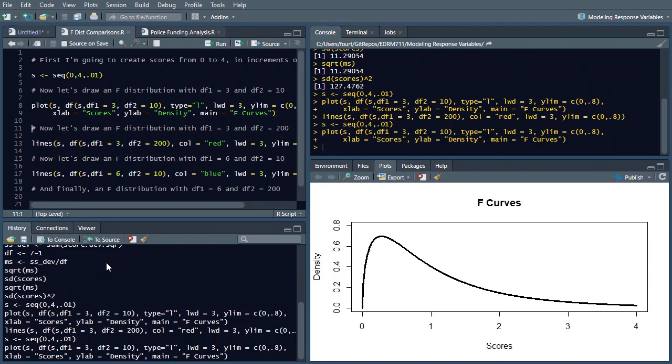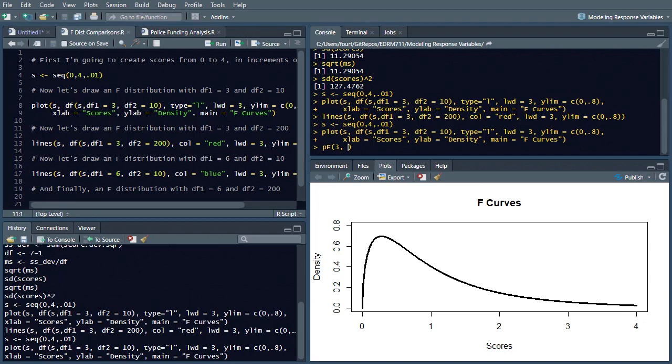Those of you who have had R in the past might remember that we use the functions pnorm and qnorm, pt and qt. Yes, indeed, there are functions pf and qf. So if I were to take, for instance, the probability on an F distribution of getting 3 or beyond, I would have to enter in 3, but I'd also have to enter in the degrees of freedom for the F distribution.